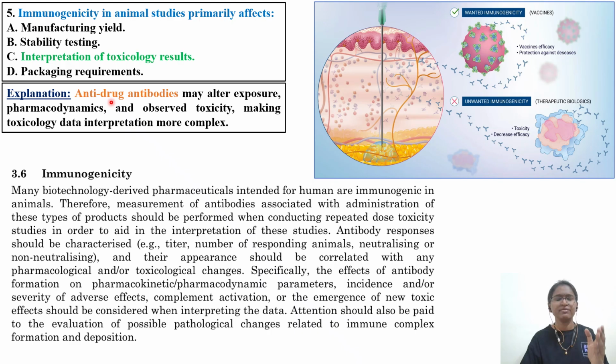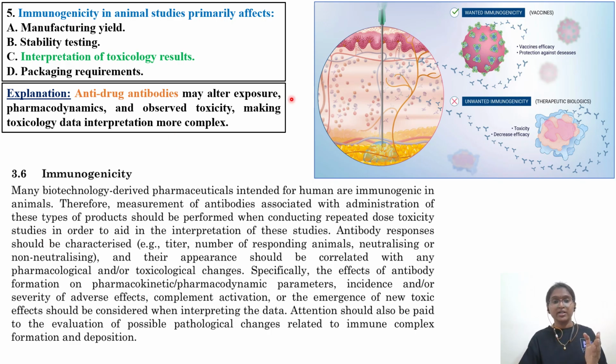For example, we have anti-drug antibodies. They may alter exposure, pharmacodynamics and observed toxicity, making toxicology data interpretation more complex. It becomes more challenging for the toxicologist if the biologic by itself is triggering your immune system. That is the reason we should include immune related biomarkers or testing in the protocol.